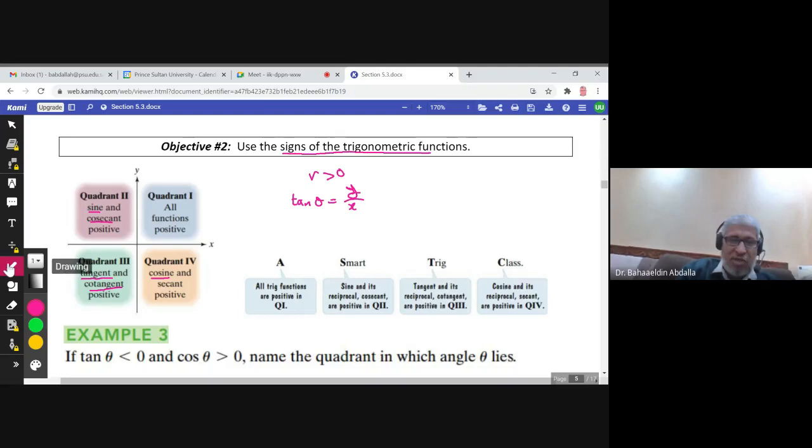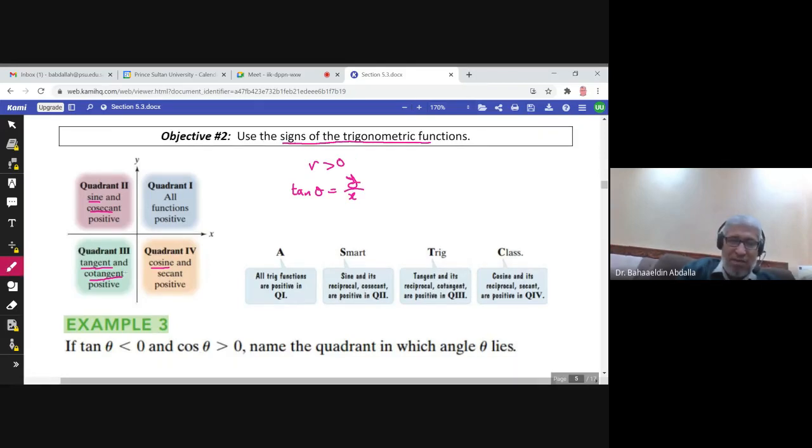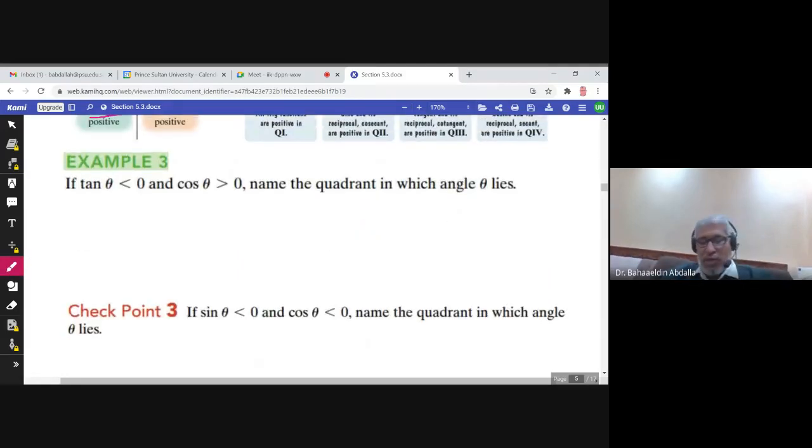Let us solve some exercises or examples about this point. Example 3, if tan theta is negative and cosine theta is positive, name the quadrant in which angle theta lies. So theta is in which quadrant? Okay. I know that tan is negative here and here.